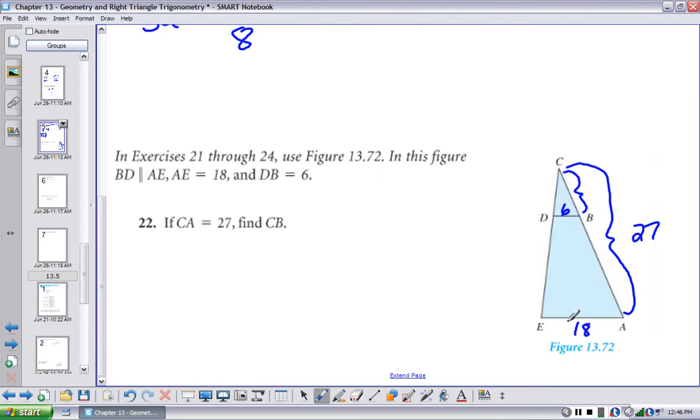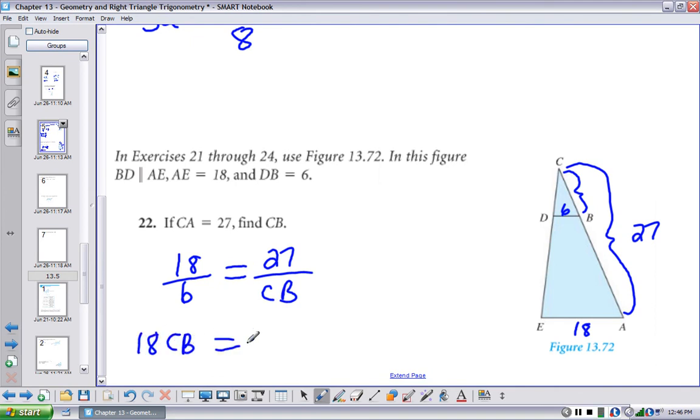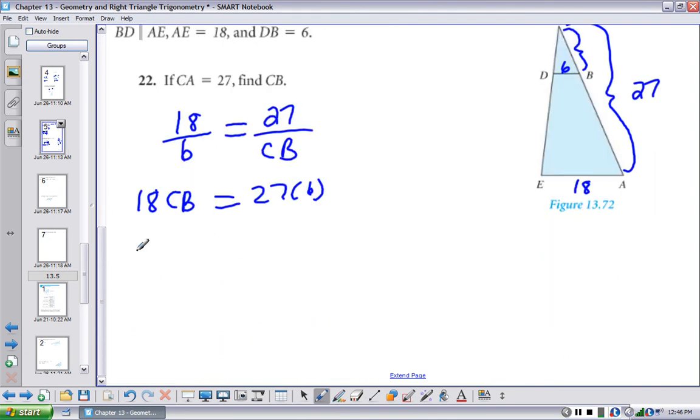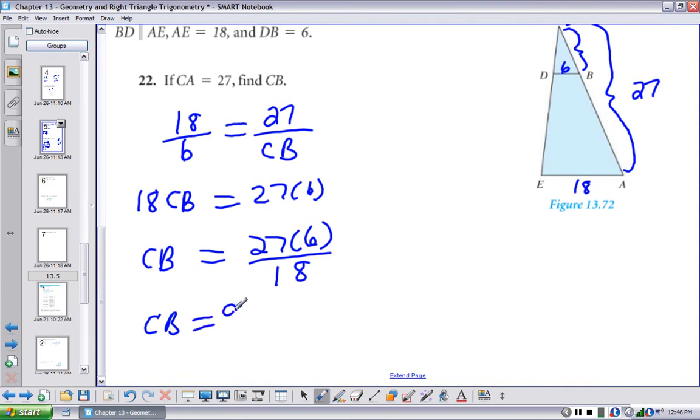So here we can say this 18 over the short side of 6 equals 27 over this CB, and we can solve for CB. 18 CB equals 27 times 6. So CB equals 27 times 6 over 18. So CB is 9.